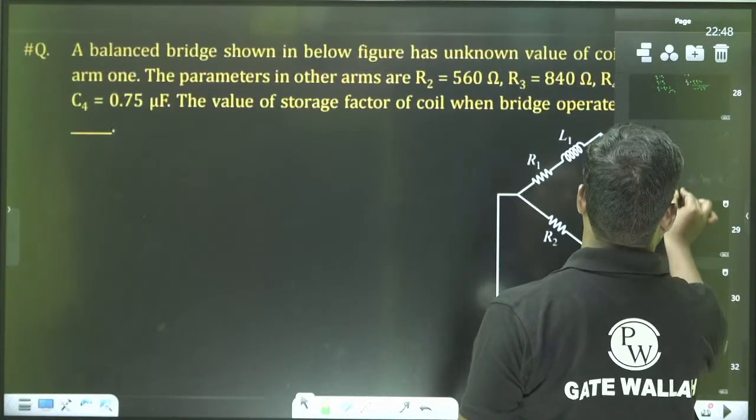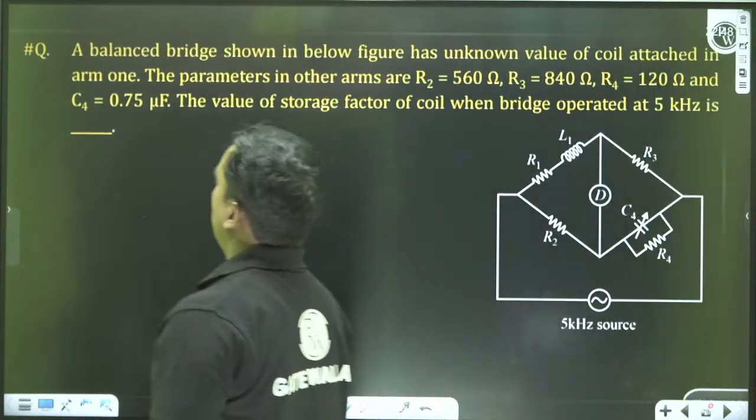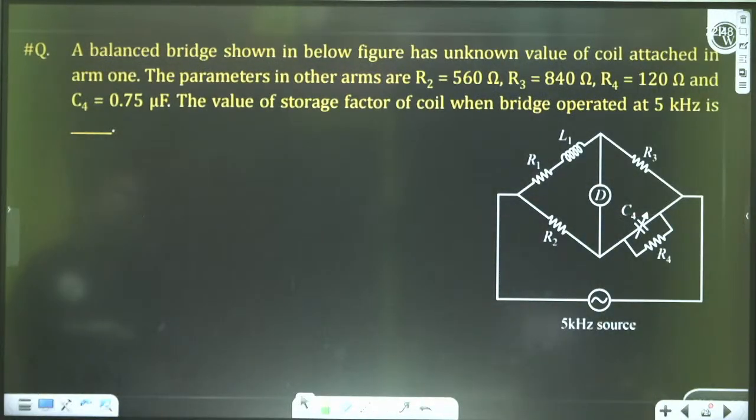This question: a balanced bridge shown in the figure has an unknown value of coil attached in the arm. The parameters in the other arms are R2, R3, R4, C4. The value of the quality factor is asked. Q is equal to omega L by R1 is asked.